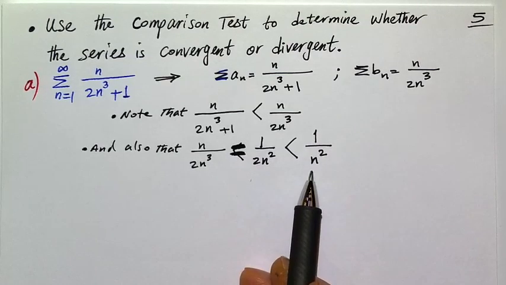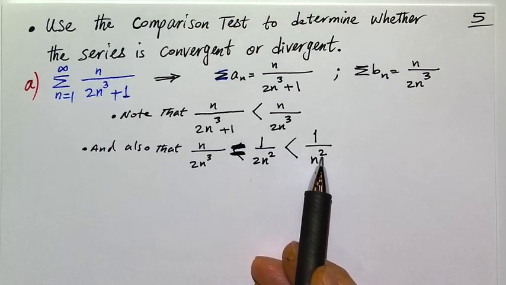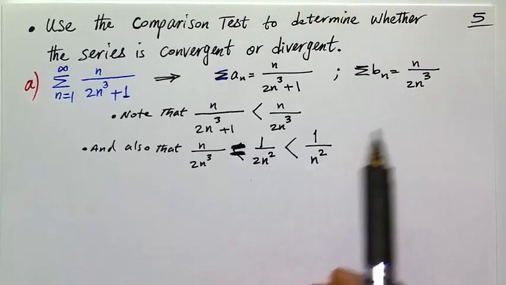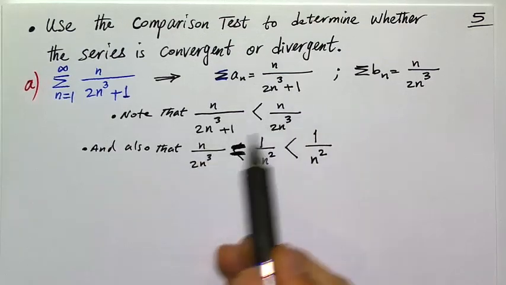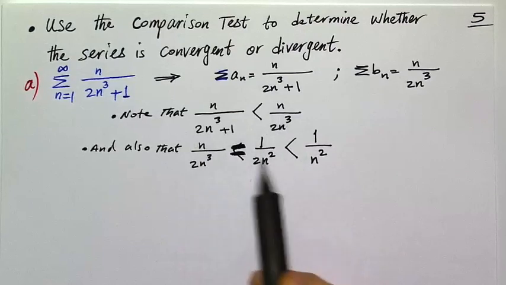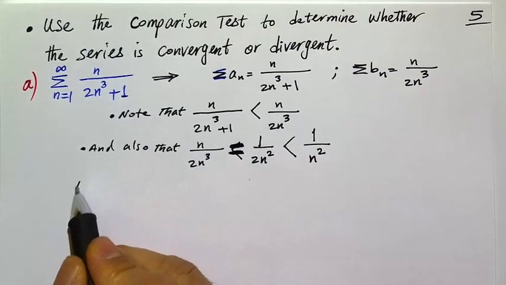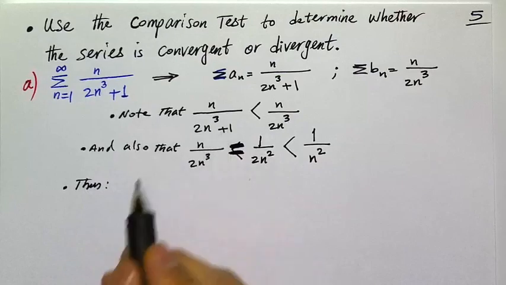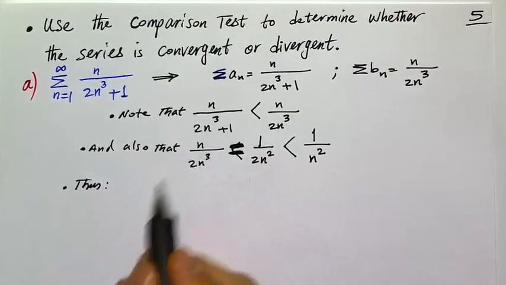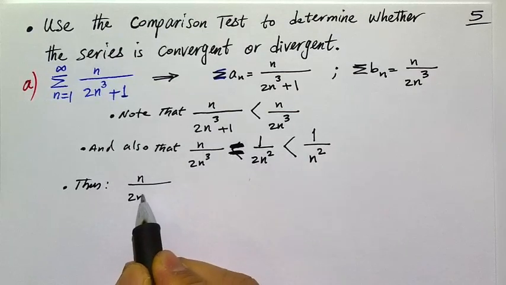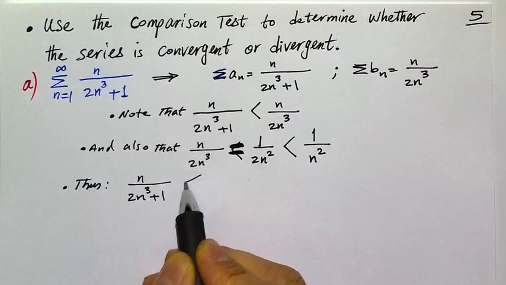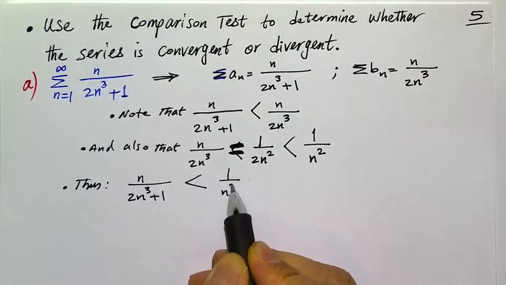Okay, this is looking like a p-series, right? 1 over n to some power p. So if we take what we have up here and what we have here, we can write this. Thus, this quantity that we're testing is less than 1 over n squared.